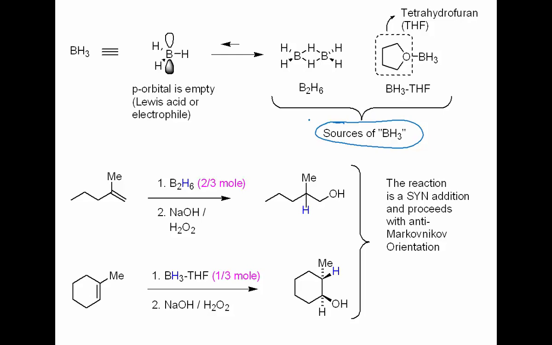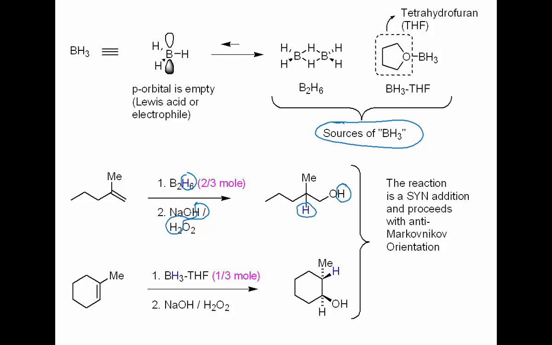Okay, so if we treat an alkene with B2H6 or BH3-THF, followed by basic hydrogen peroxide, we'll get the alcohol with the anti-Markovnikov orientation. The hydrogen that you've added comes from here, and this hydrogen over here basically comes from one of these hydrogens, or the hydrogen in the water.